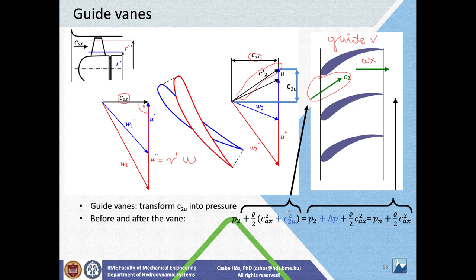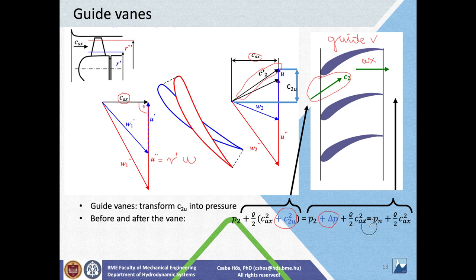I should write here C2 squared, but C2 squared is C2U squared plus C axial squared. So this is the absolute outlet velocity at the outlet of the impeller. After the guide vane, I have only this term here, the axial velocity. So if there are no losses, ideally, this whole term was turned into a pressure increase.